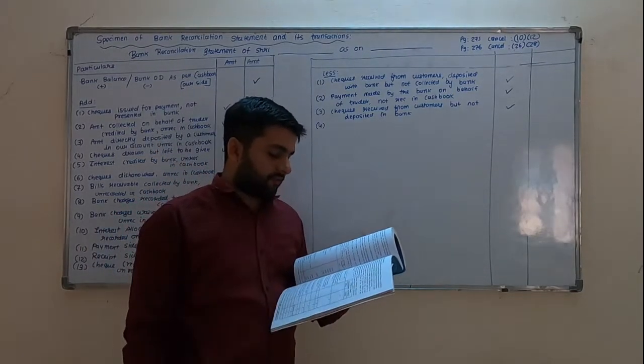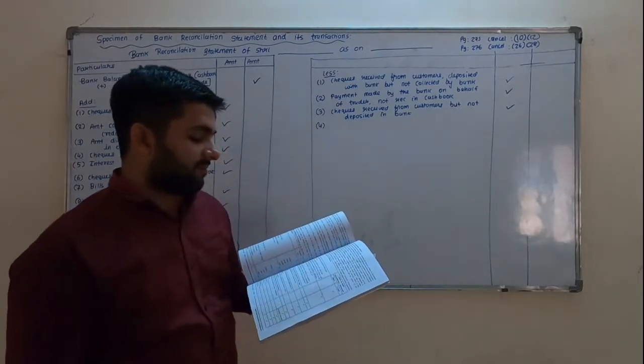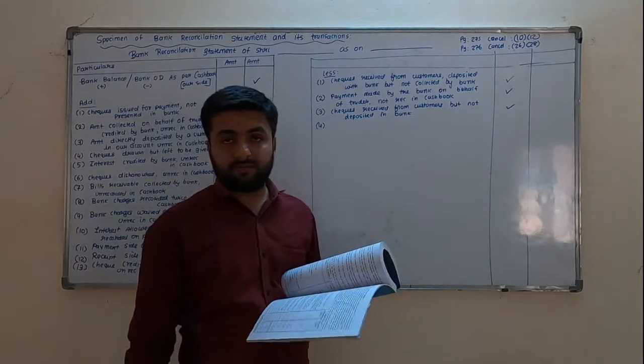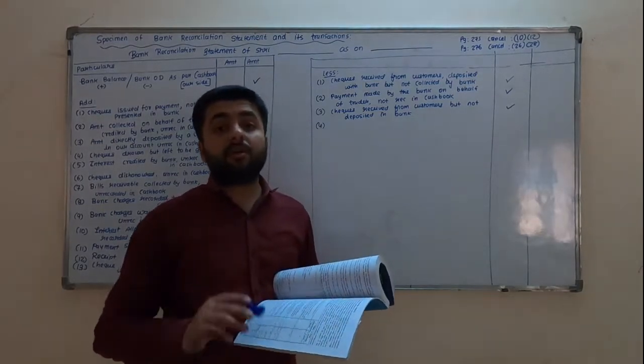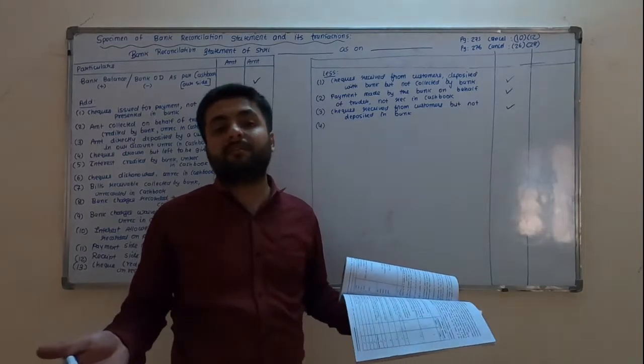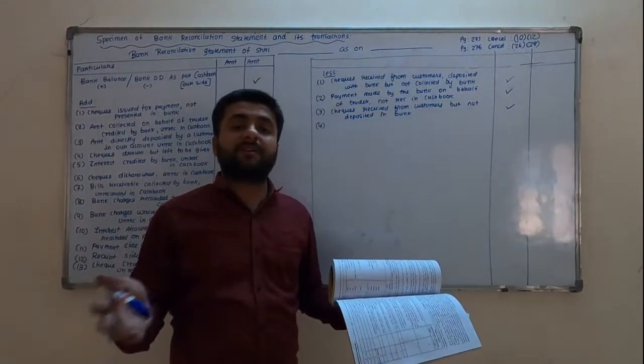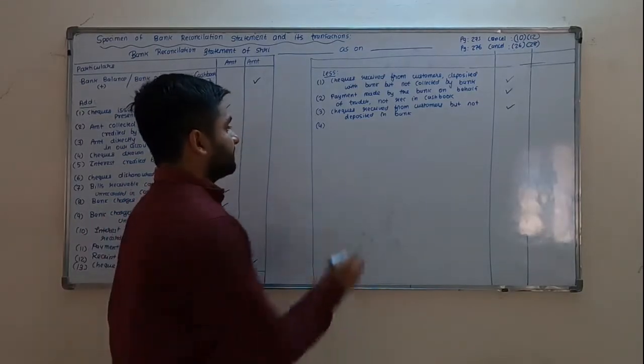Okay. Fourth, bank charges collected and debited by bank but not recorded in cash book. Bank is recording bank charges, meaning bank is debiting bank charges from us, but we are not recording. Bank is debiting means bank is subtracting, and we are not subtracting, so we will also have to subtract.